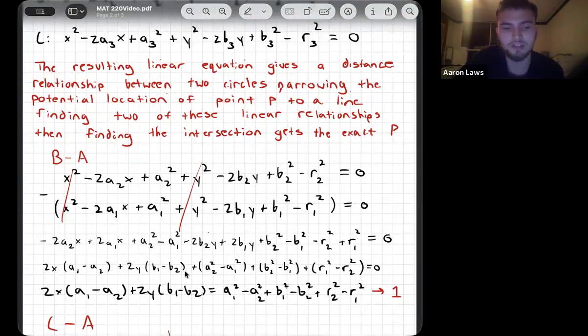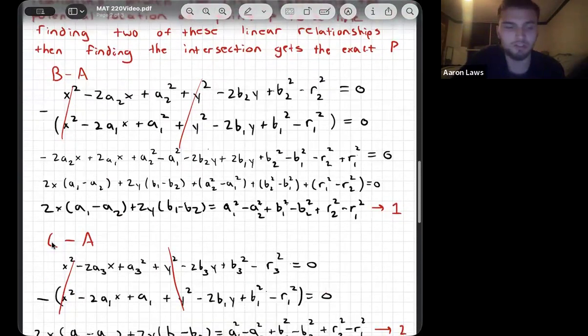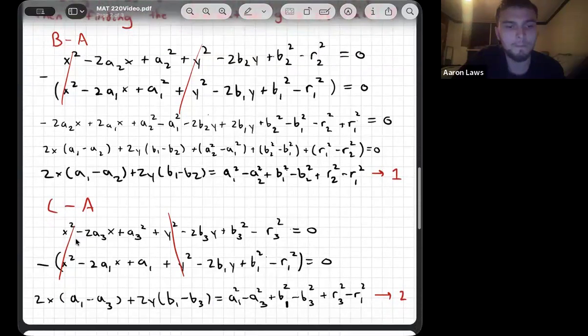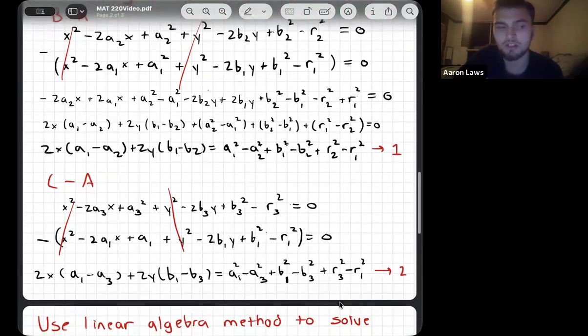We hold on to that for later when we simplify for what we want to put in our matrix. And then again, we just do circle C minus circle A. You see the nonlinear terms cancel out. Again, still a pretty messy equation left over, but we take this, plug in our values, simplify, and then use this for our matrix.